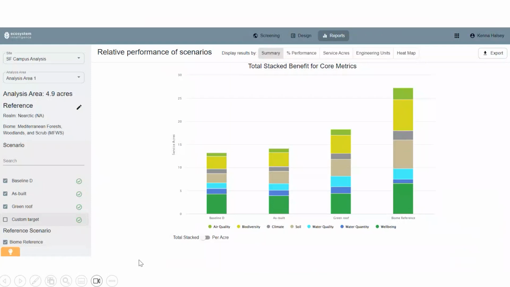Okay. So then that's how this is reflected. You can see the biome reference is included every time you get your outputs. You will see that as the scoring stack on the right is always going to be your reference. That's how you know whether something is good or bad, because for a lot of things, there is no absolute good, no absolute bad.